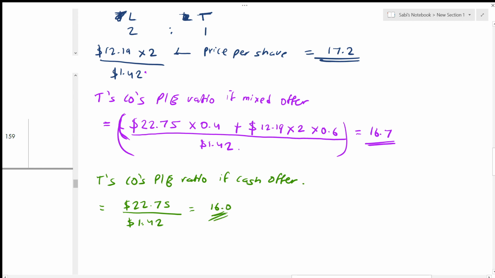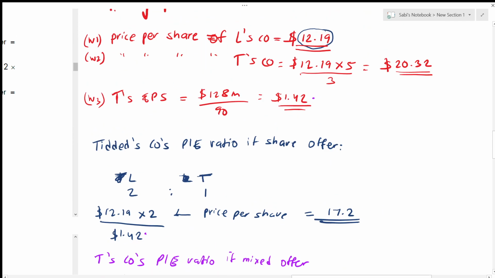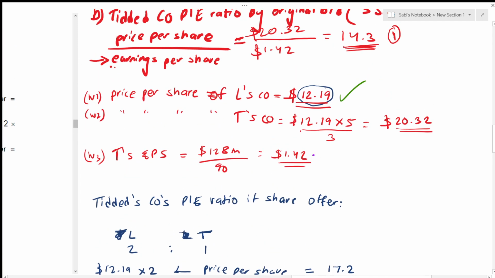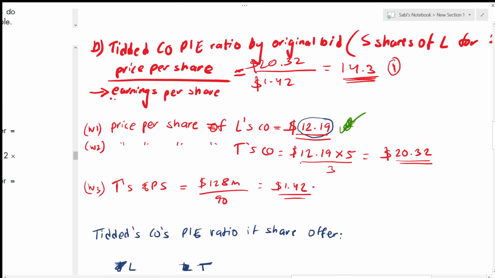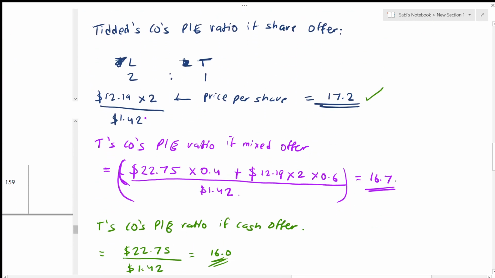So now just check all the 4 price earning ratios. You should have 4 PEs, price earning ratios. 12.19. I'm sorry, not 12.19. 14.3, 17.2, 16.7, and 16.